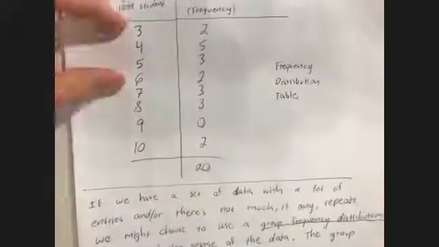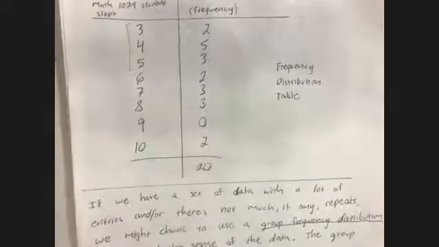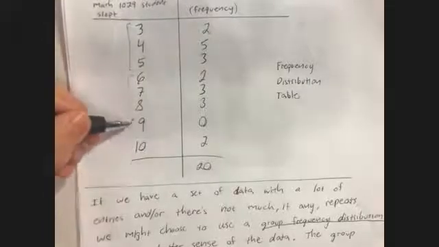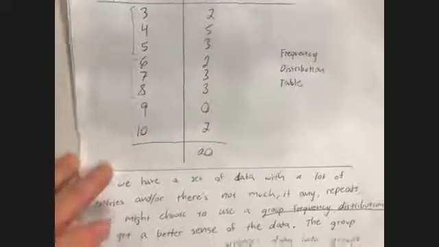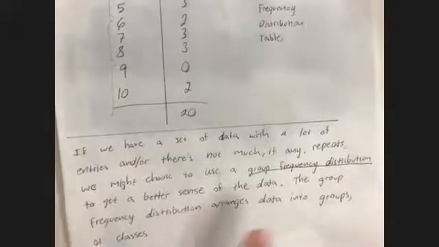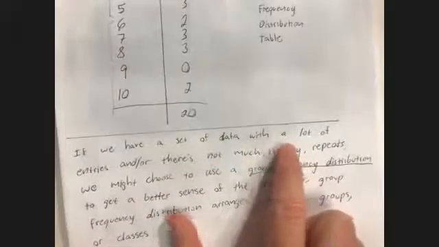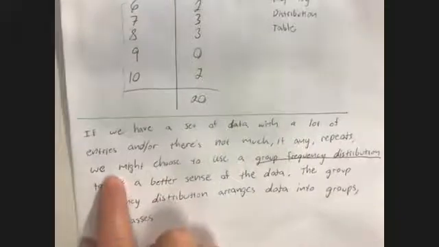So I could have done 3 to 5, 6 to 8, 9 to 11, I wouldn't do it for this small of a group, but it's a little better when we either have a lot of entries or there's not much repeats.